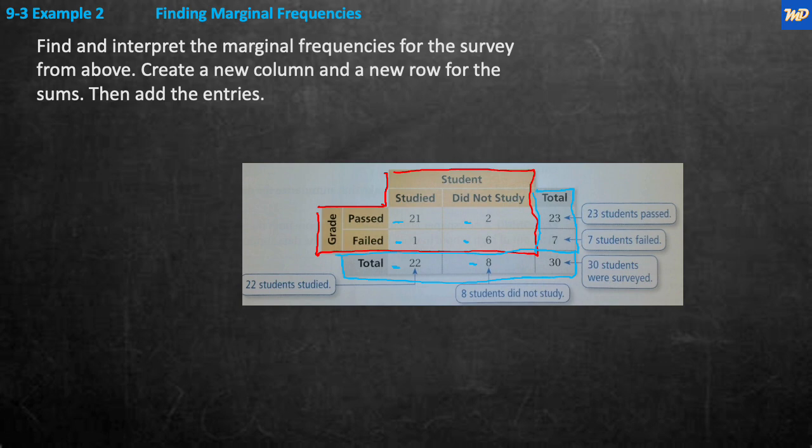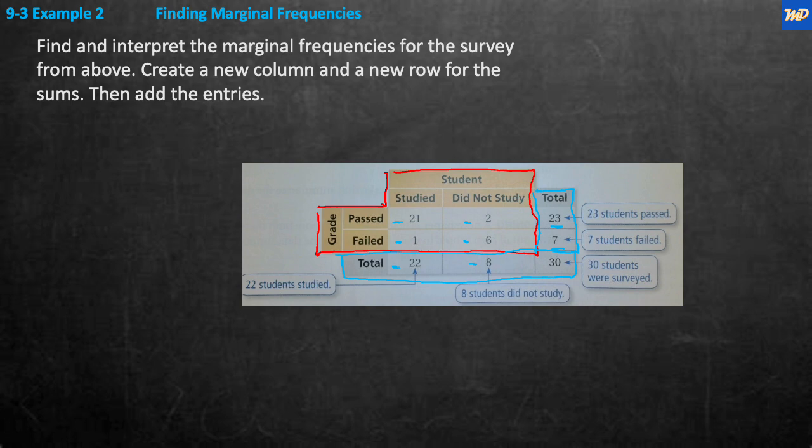So now, how many passed? 21 that studied and 2 that did not. When you add them together, it's 23, right here. And of the failed grades, you have 1 that studied and 6 that did not, and you have 7. So you total going from left to right, and you total going from top to bottom, with these new columns and rows that you added.